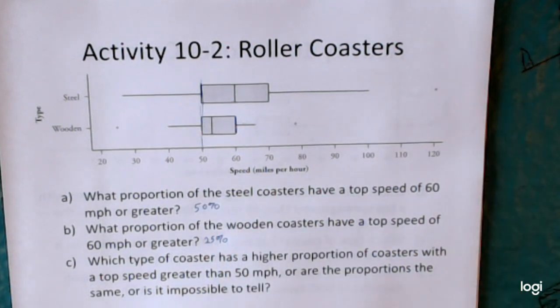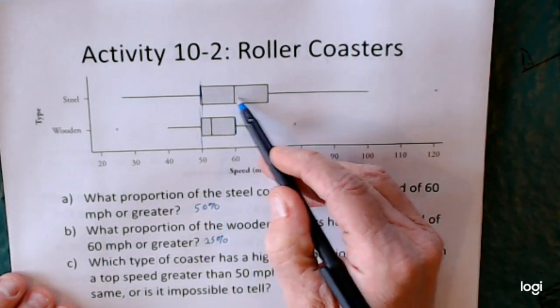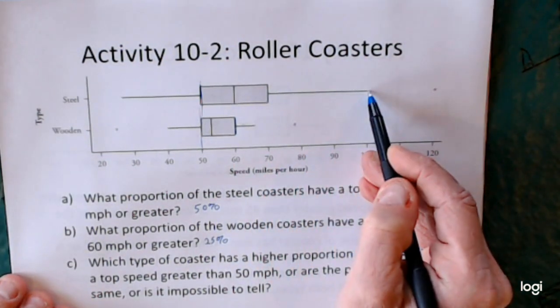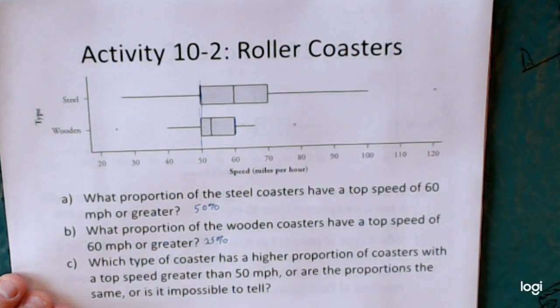It's the beginning of the box. So for both of them, 75% of the observations are above 50 miles per hour. So it's equal. The proportions are the same.